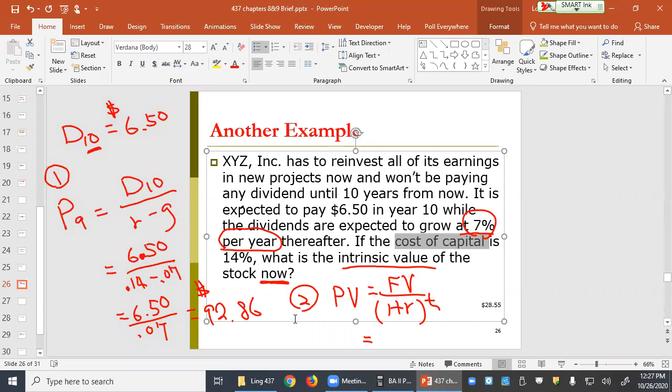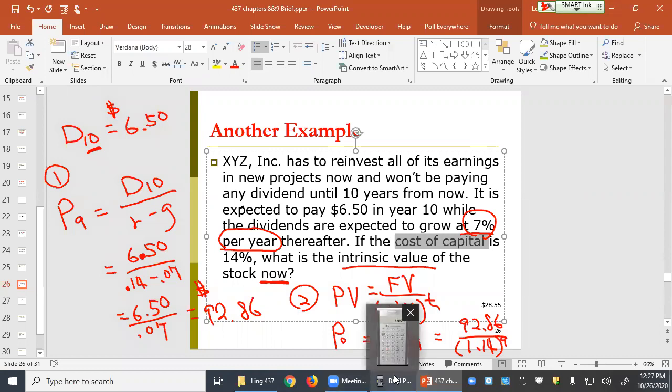Future value is the P9, so I need to discount it by 9 periods. So 92.86 divided by 1.14 to the power of 9, T equals 9.